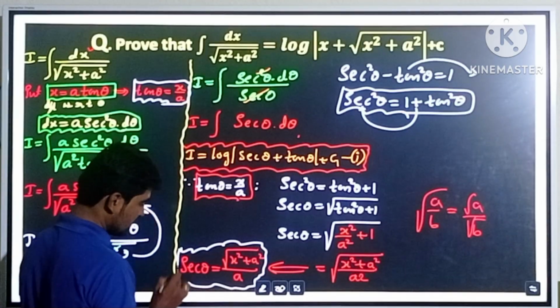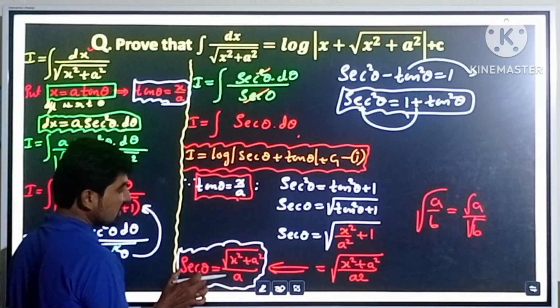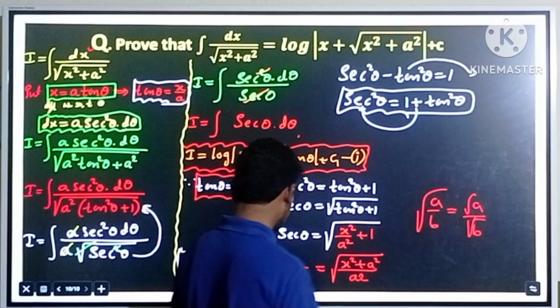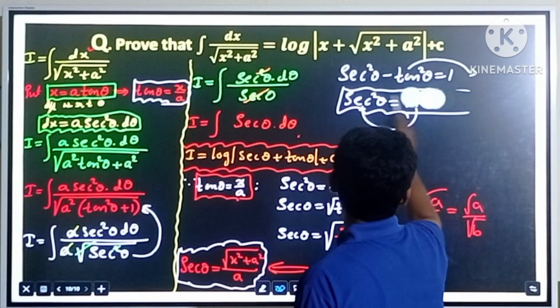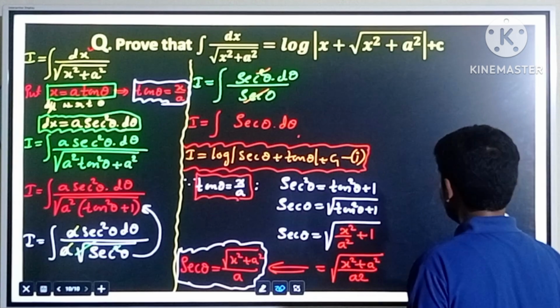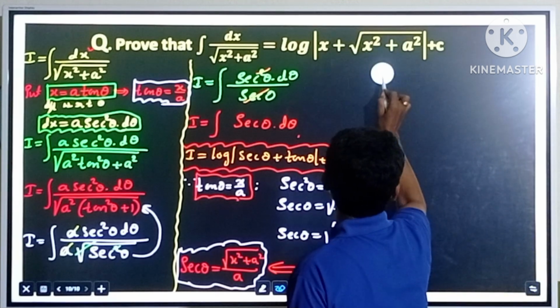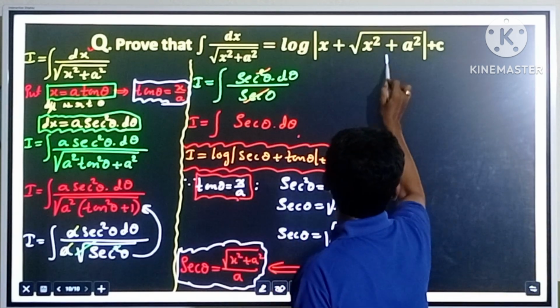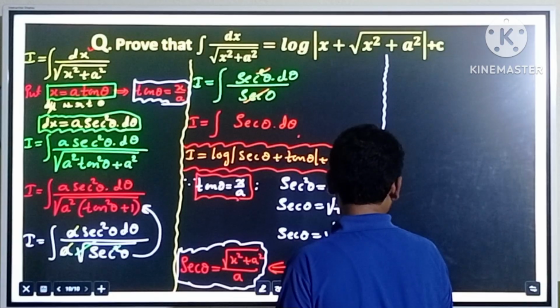So finally we got the value of secant theta. Now use these two, tan theta and secant theta, in the first equation.